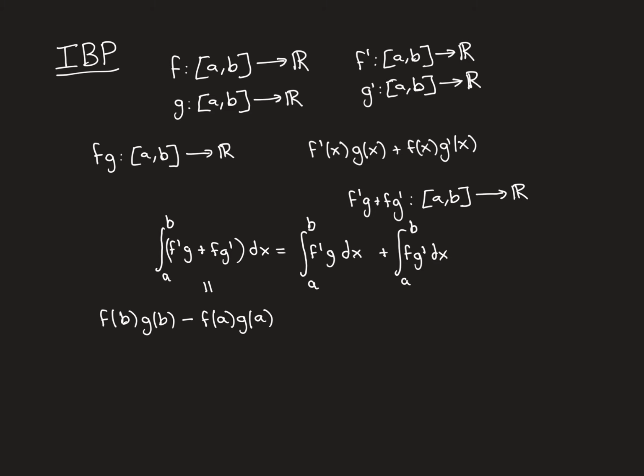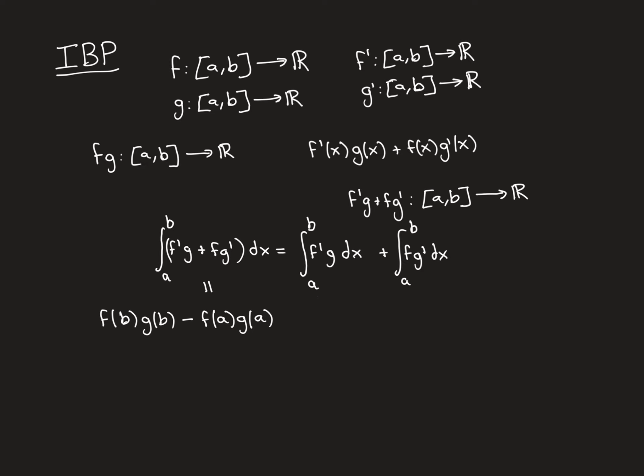Now what we can do is apply the second fundamental theorem of calculus to this side, because this function that we're integrating here, we know it's going to be Riemann integrable over that interval, but we also know that it is the derivative of another function that's defined on that interval, the product function.